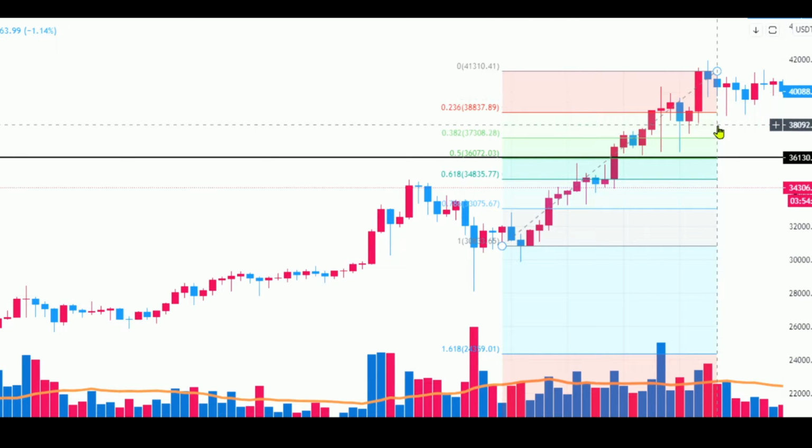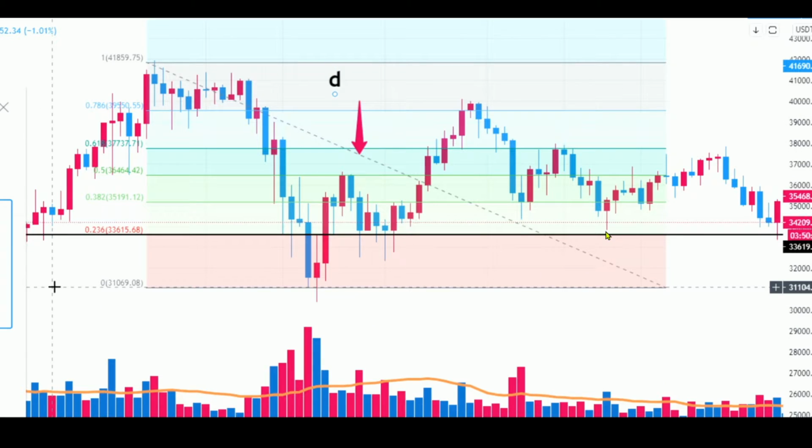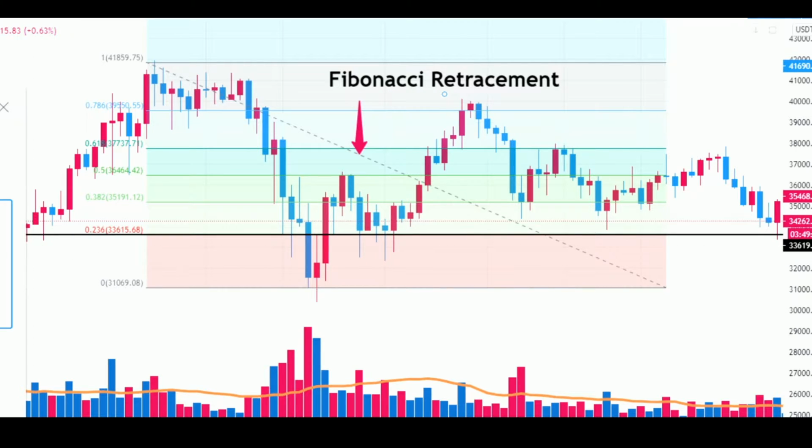Then 5 lines are drawn, the first at 100%, the high on the chart, the second at 61.8%, the third at 50%, the fourth at 38.2%, and the last one at 0%, the low on the chart. After a significant price movement up or down, the new support and resistance levels are often at or near these lines.